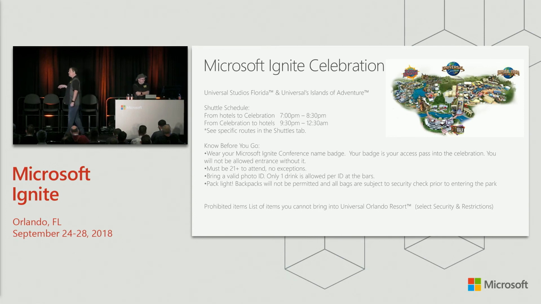If you like to consume alcoholic beverages, you will want to bring a valid photo ID because they are only allowed to give you 1 drink at a time per ID. It does not mean that you only get 1 drink, by the way. Some people interpret it that way. It's just at a time. We don't have those budget restrictions this year. They cut our budget, but that's okay.